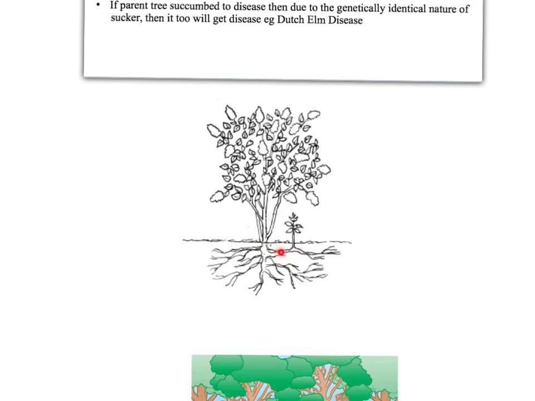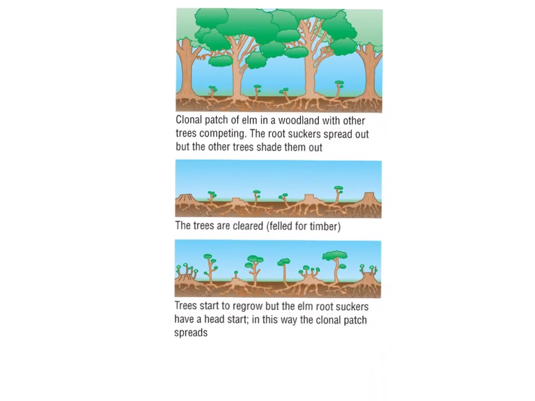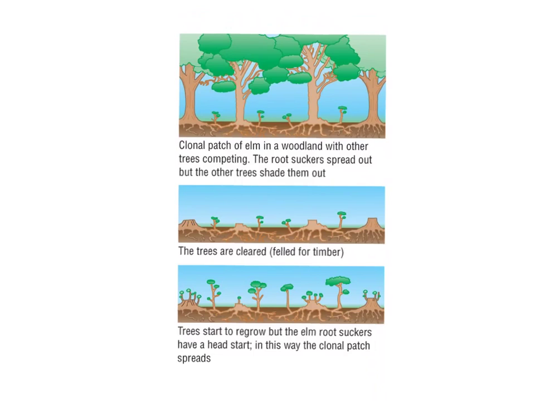These are actually roots, growing horizontally underneath the soil, which then throw shoots up from the roots to form new plants. In terms of the elm trees, the advantage of this for elm trees.